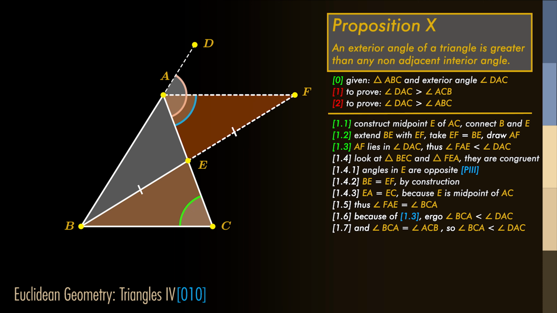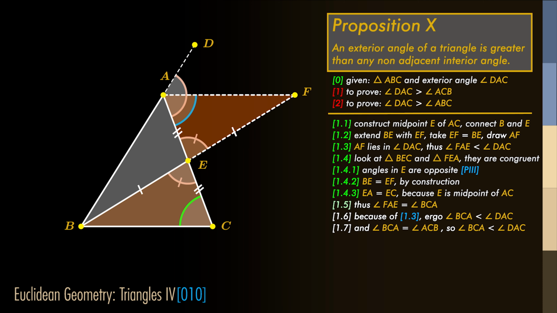Let's consider the two triangles BEC and FEA. You can see that they are congruent triangles, like a SAS congruency case. That is because the angles in E are opposite angles, BE is equal to EF by construction, and EA is equal to EC, as E is the midpoint of AC.